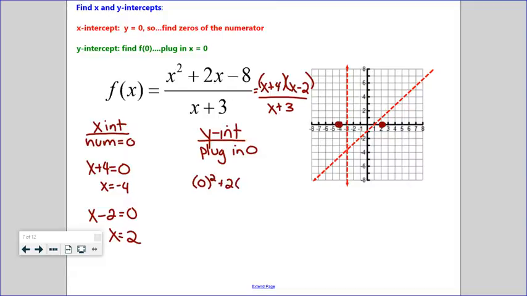You have one and only one y-intercept, if at all. So this would give me 0 minus 8 is negative 8. 0 plus 3 is 3. That would be the point 0, comma, negative 8 thirds. And I always find it easier to graph those if I think of them in mixed numbers. So 8 divided by 3 is 2 2/3. So a dot on my y-axis at negative 2 2/3.